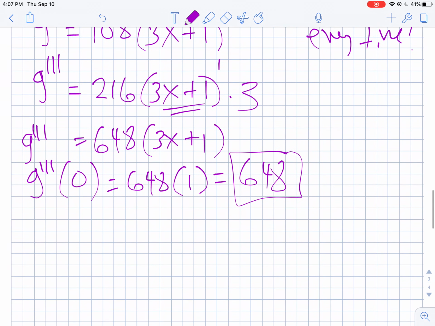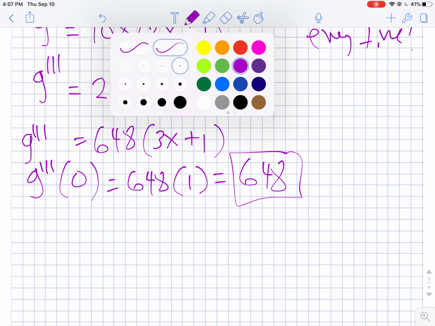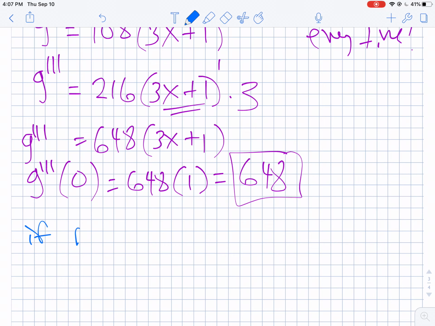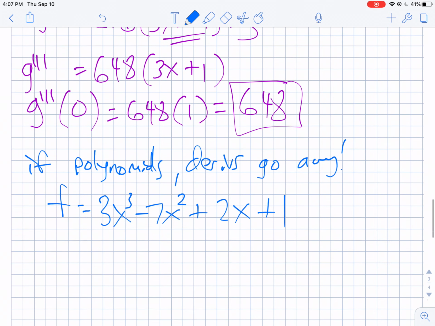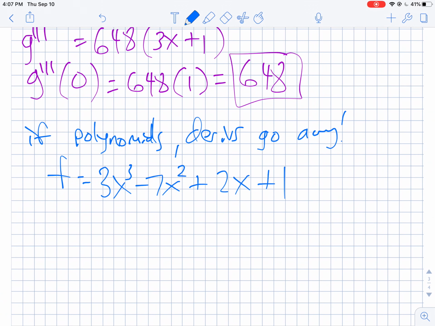And again, the fourth and fifth derivative, you can keep going. One of the nice things about these is if you have a polynomial, the derivatives eventually go away, right? They all go to 0 eventually. Which makes sense, because say you have f equals 3x cubed minus 7x squared plus 2x plus 1. If you just keep taking derivatives, eventually all the powers go to 0, right?